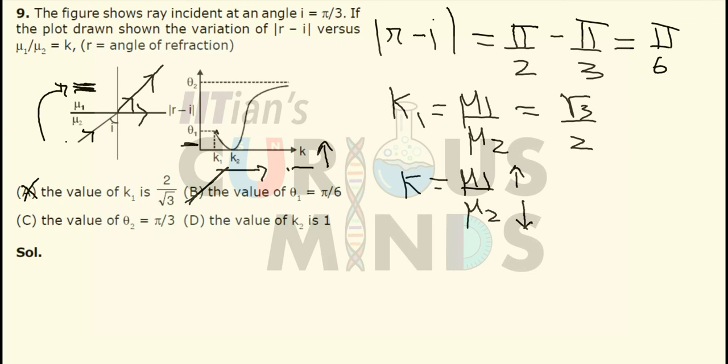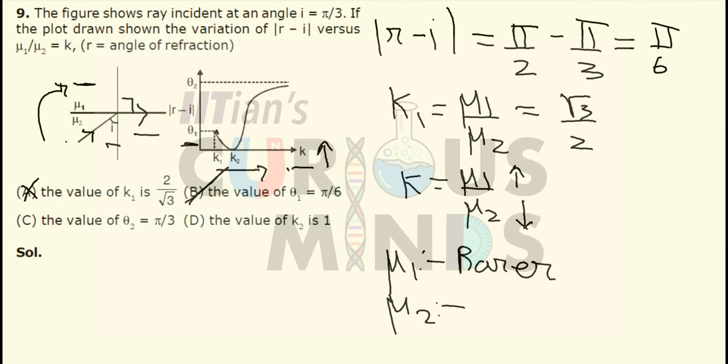In all these three scenarios, the value of k will be increasing. So initially, the light was entering at an angle I and is refracted by an angle of refraction of 90 degrees. So I can clearly see that initially mu1 was a rarer medium and mu2 was a denser medium.